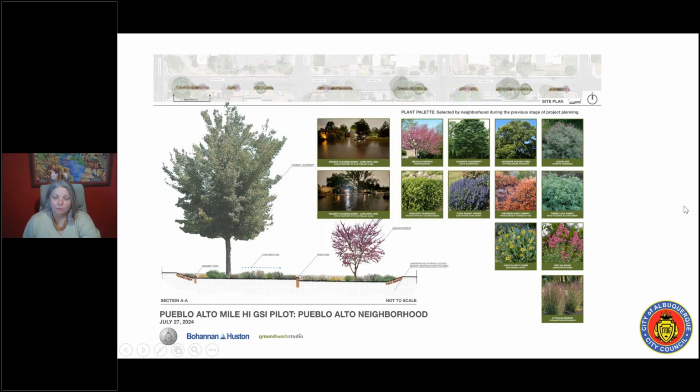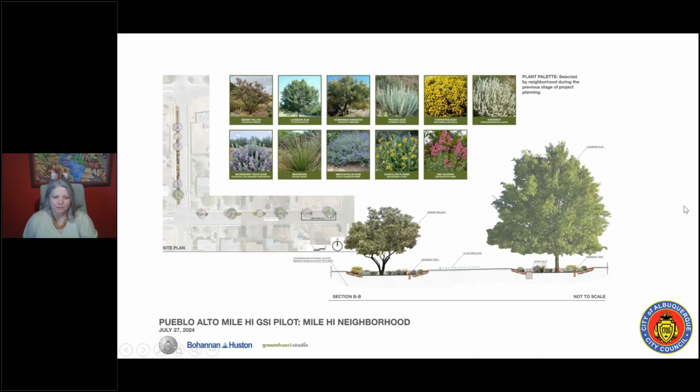And we've done an award-winning campaign with the neighborhood to get their input, down to the level of each neighborhood getting to choose their own plant palette for what's going to be installed. This installation process should start soon. We've raised all the funds and we've gone through years of public outreach, education, and design. If you go to the next slide, you'll see the other neighborhood, which is right next to this one.